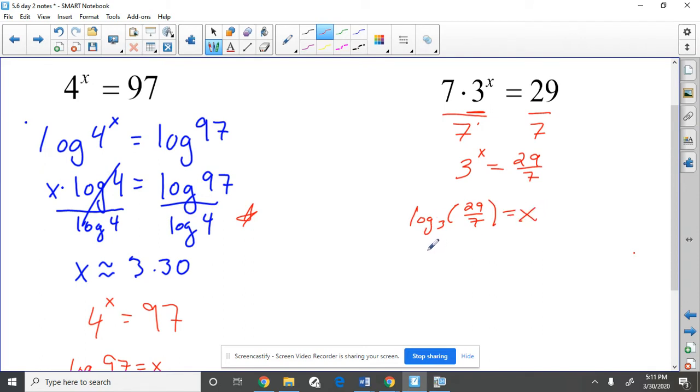If you need to use change of base formula, it's log of 29/7, log of the argument, over log of 3. Either of these, when put in your calculator, should give you the correct answer.